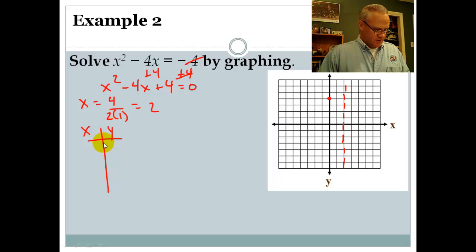So let's look at, well, we've got a point here kind of right in the middle, actually, of 2, 0. That's going to be this point right here. And then I've got a point of 1, 1 right here.